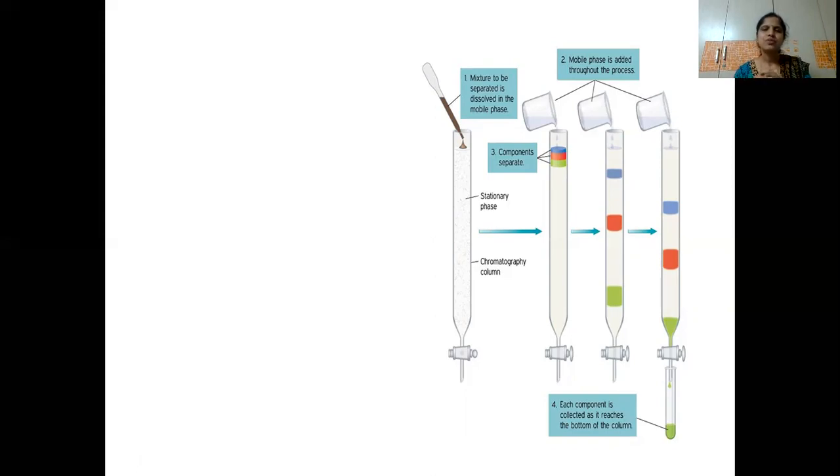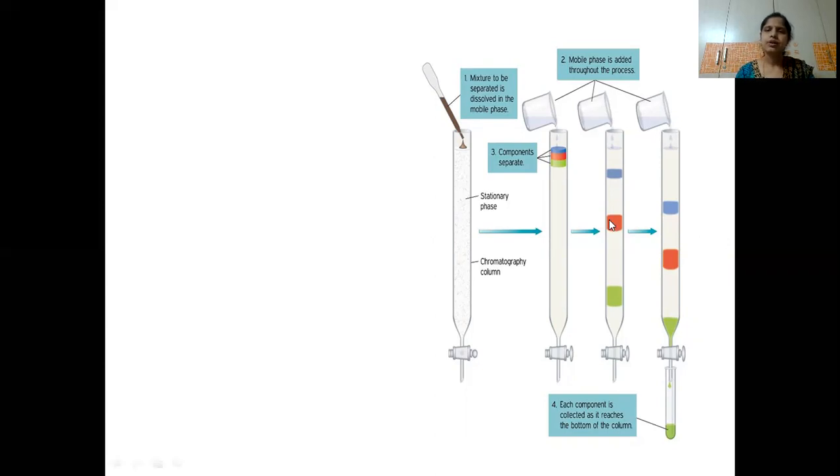When it is strongly bound, it doesn't move to a larger extent when the mobile phase is run down, because the mobile phase cannot desorb it. The mobile phase has to desorb the components based on their solubility.